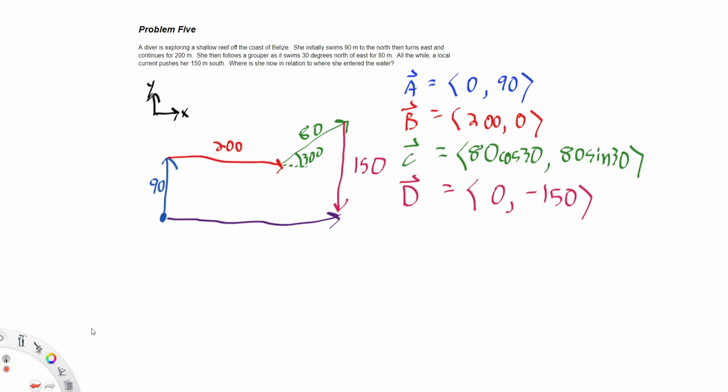So what is our total vector, which I'm going to call R here in purple, R for resultant. The x part is going to be 0 plus 200 plus 80 cosine 30 plus 0.